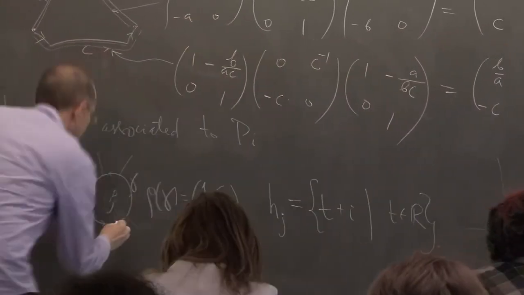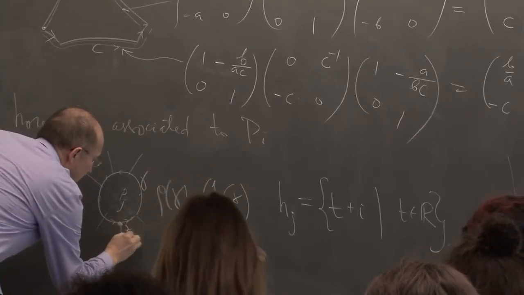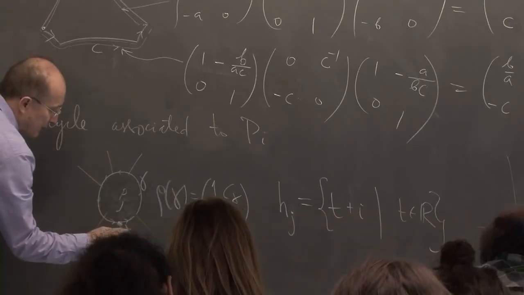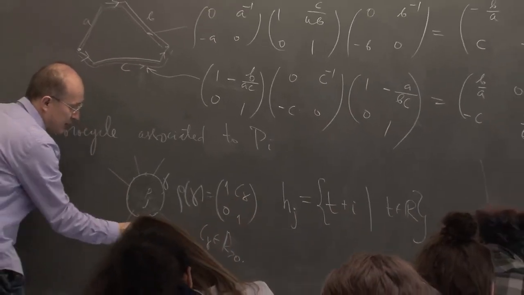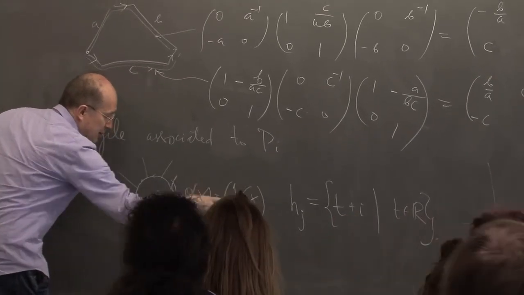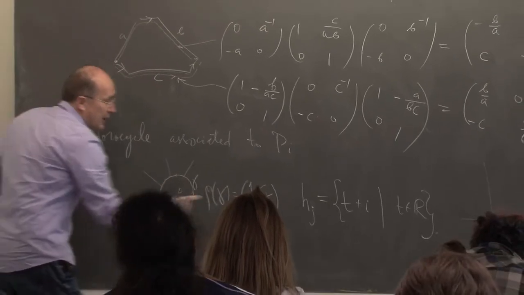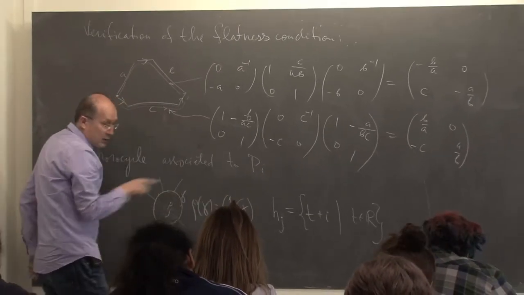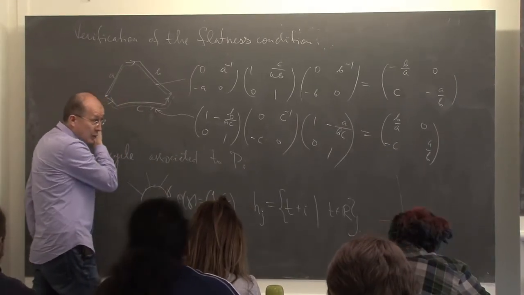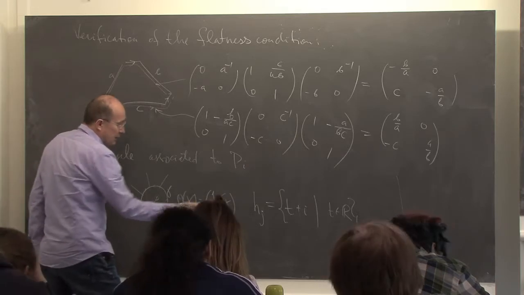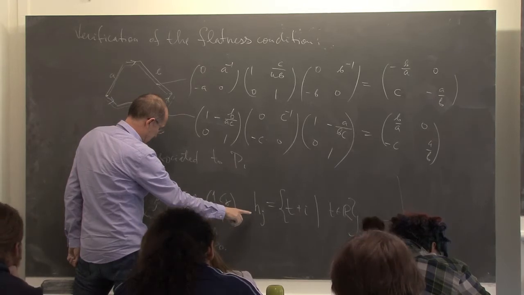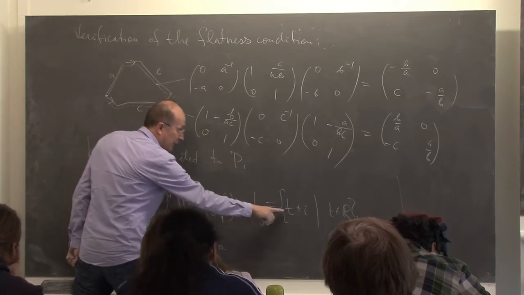So let me put here some x0 base point. We can talk about the fundamental group only as soon as we have chosen a base point. So if we put the base point here, this is the matrix which represents that loop, and it fixes any horizontal horocycle. And we choose the horocycle to be at height 1.